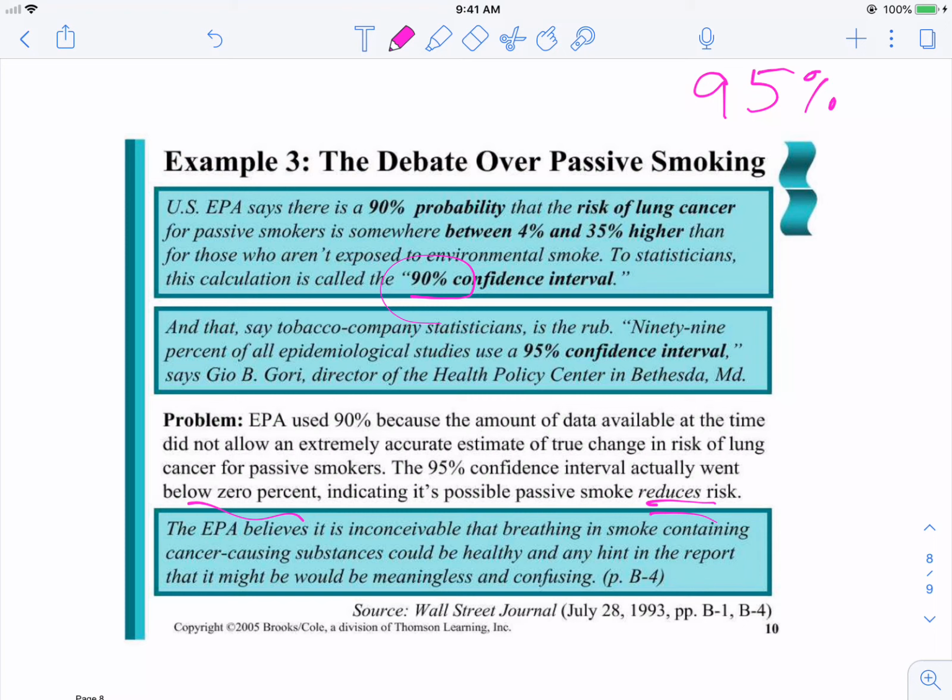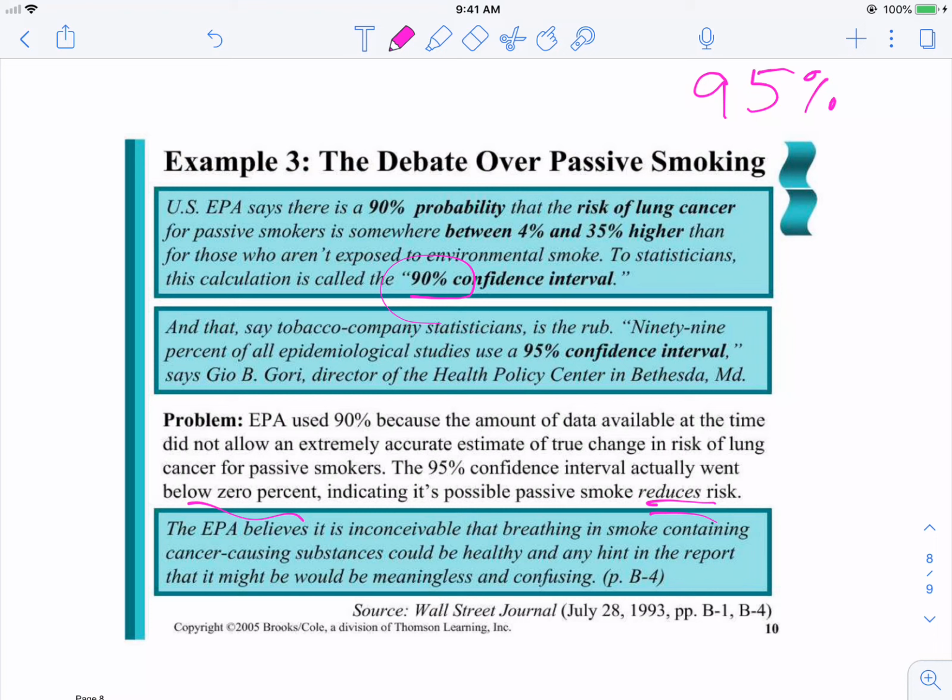Now, they thought that that was pretty straightforward, but in order to eliminate any possible confusion about that, okay, we know that a 95% confidence interval, you're going to increase the width of that interval, meaning that it would dip into negative numbers.